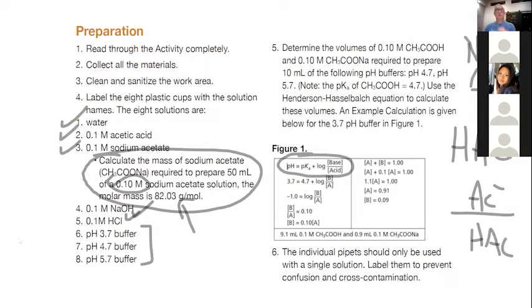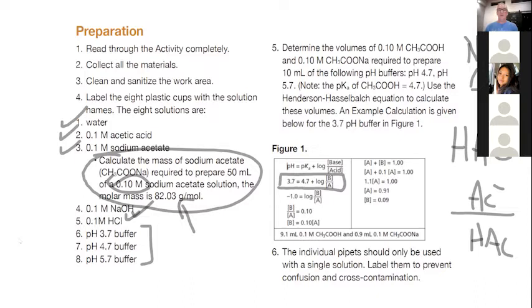So they take you through the first one, and it really should help you figure out the next 2. So for 3.7, we need to solve this equation. And so, at 4.7 and 5.7 as well.